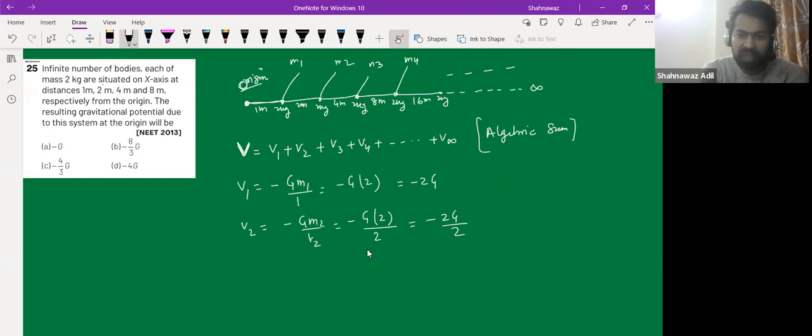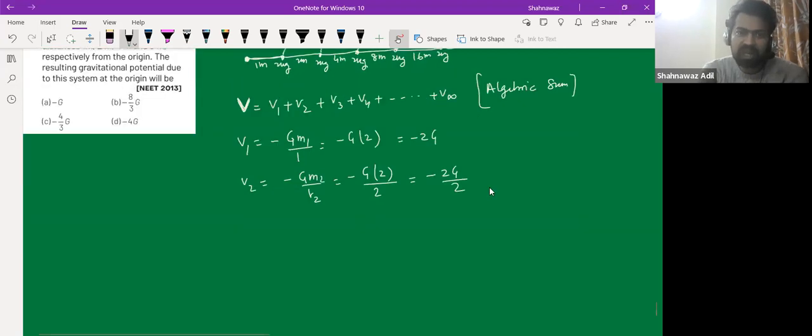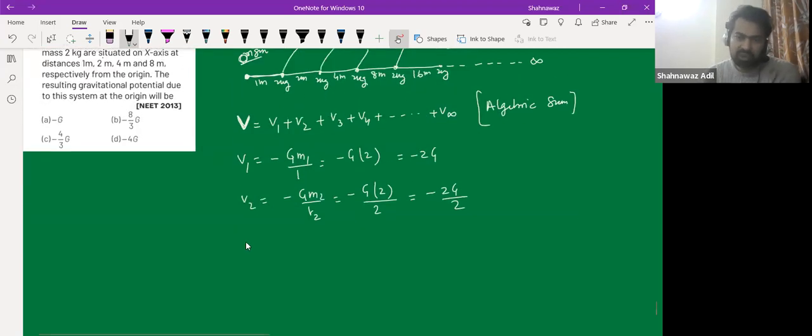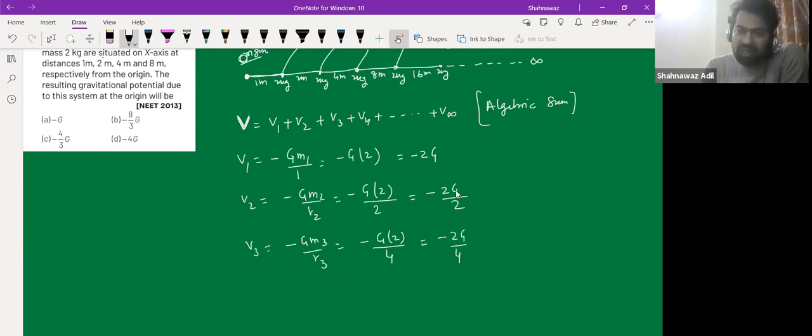And then what do we have in here? V3 is minus G M3 by R3. So this is minus G and again 2 divided by 4, so minus 2G by 4. So what kind of progression is this?